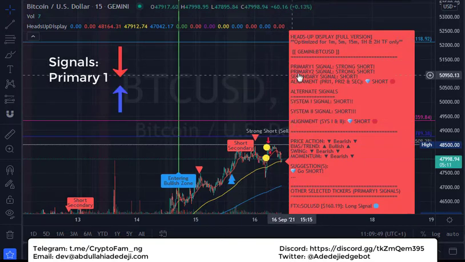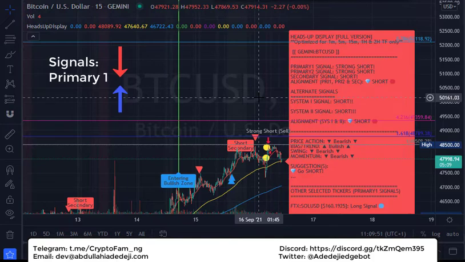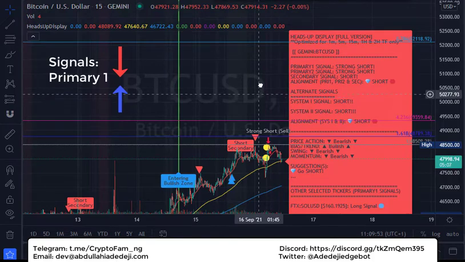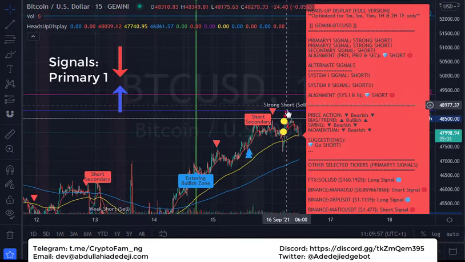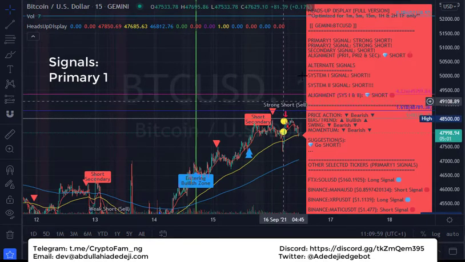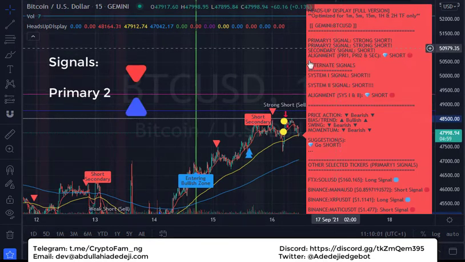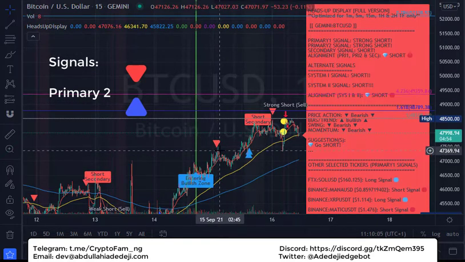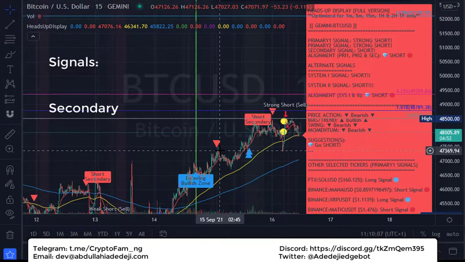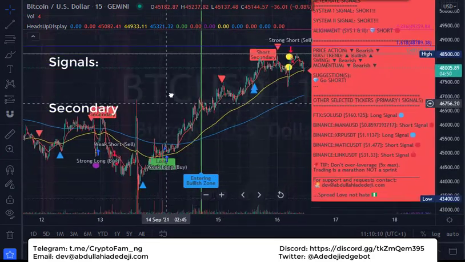Primary 1 is displayed as an arrow. That's the trade signals you see on the chart. Primary 2 is displayed as the triangles, and then the secondary signal is displayed as the label.